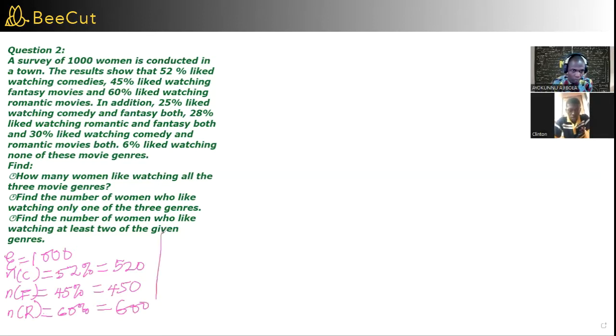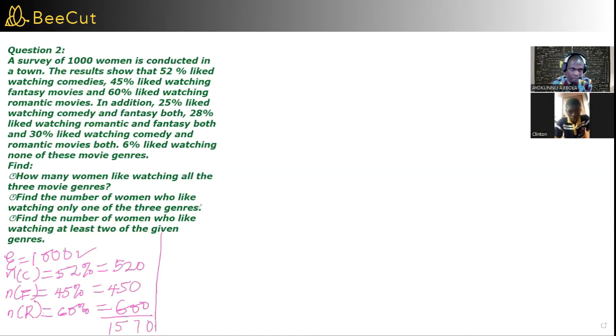Having noted all this, if you add all these numbers, you will observe that the total is 1,570, which is above 1,000.